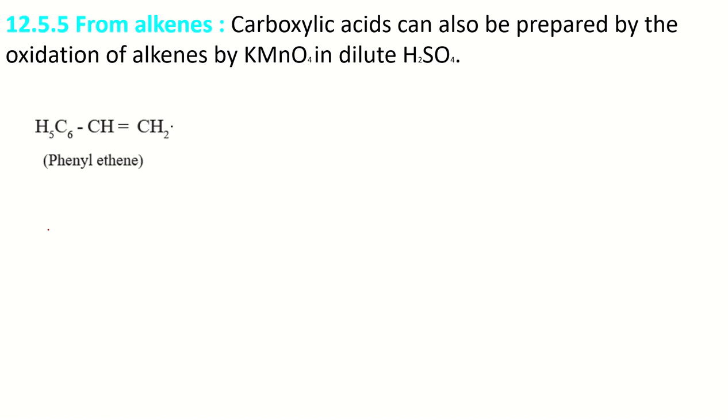Let's see the textbook example, that is phenylethene. C6H5 is the phenyl and CH=CH2 is the ethene, hence the name of the structure is phenylethene. Alkenes means the reaction takes place at the carbon-carbon double bond.